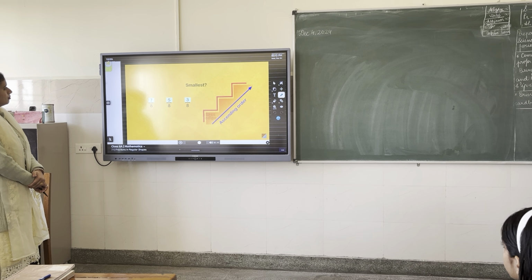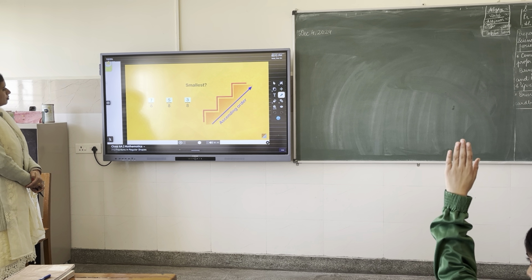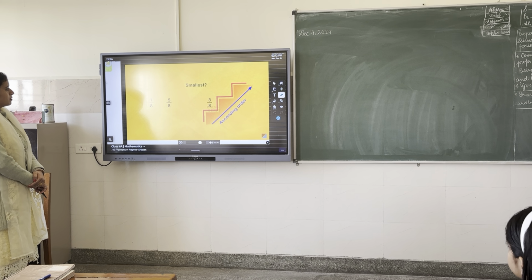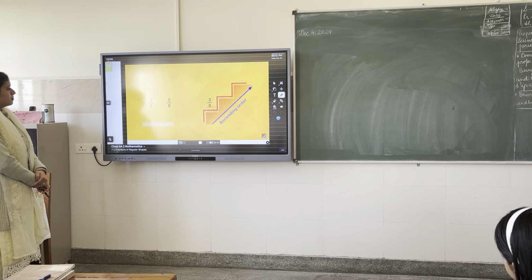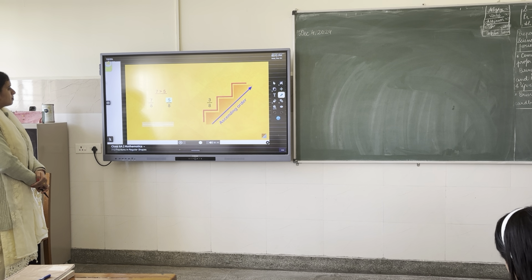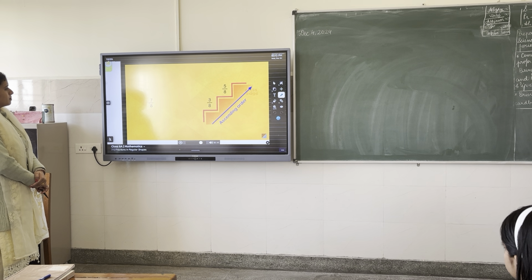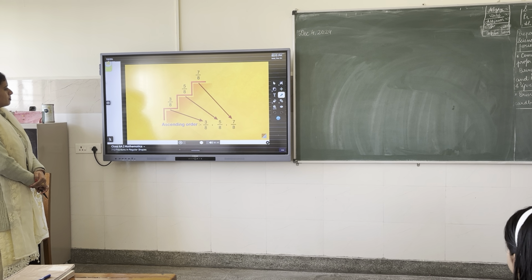Which is the smallest of them? 3 is the smallest. So, the first fraction will be 3/8. As 5 is smaller than 7, it will come next. And lastly, we will have 7/8. So, our fractions are arranged in the ascending order.